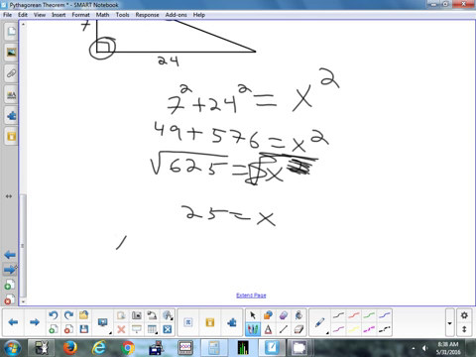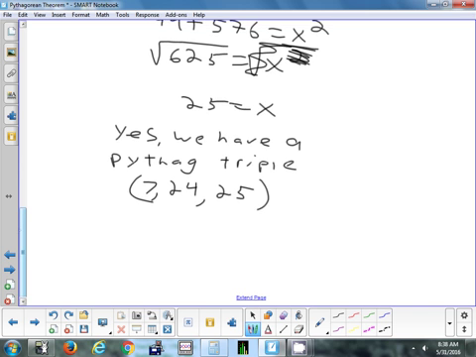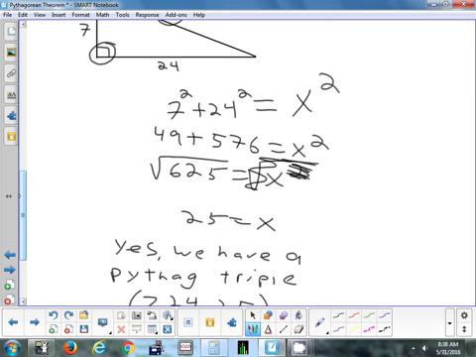So yes, we have a Pythagorean triple. It's 7, 24, 25. But you can see how much work you have to do here. It's really not that much. That's it. That's the whole problem.